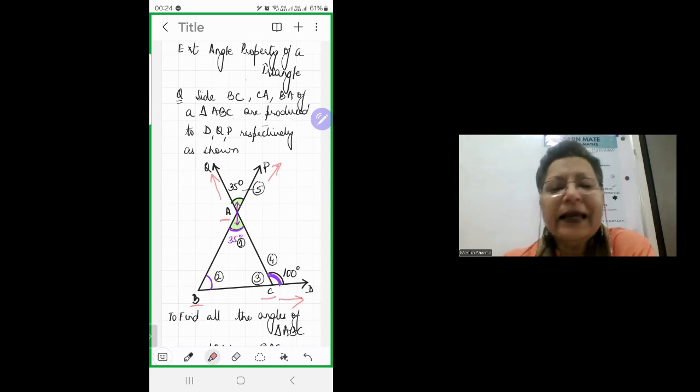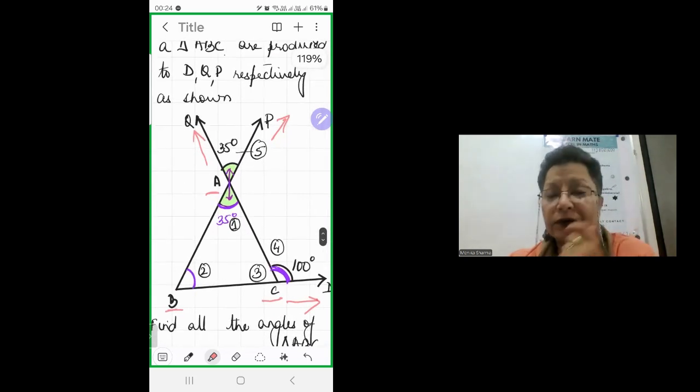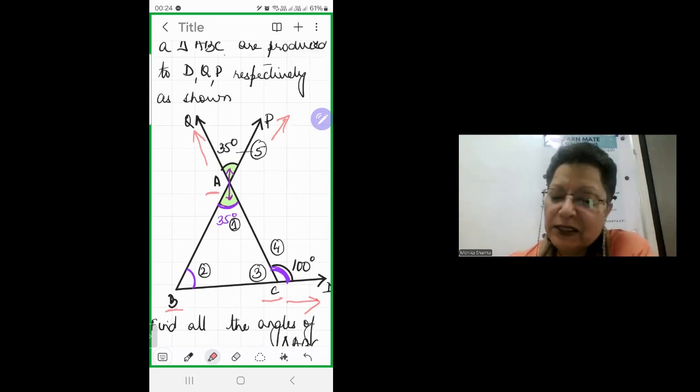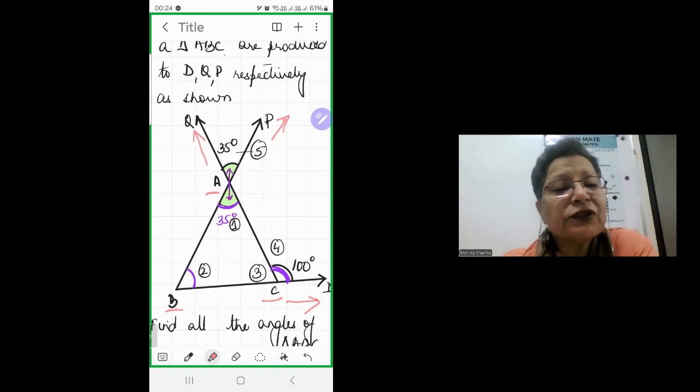And then after we produce them, what do we have? We've been given the measures of a few of these angles. The angle at A has been given, the vertically opposite angle. Can I call it the exterior angle? I can't call it the exterior angle because this is the one which is made between the two extended sides. So that is given to you as 35 degrees.